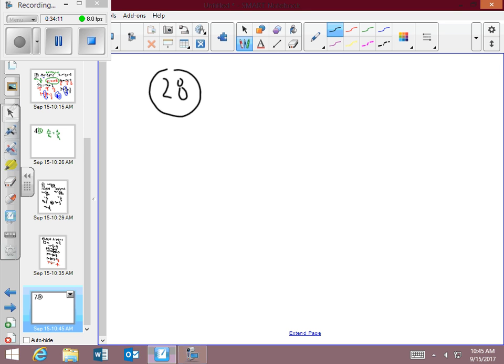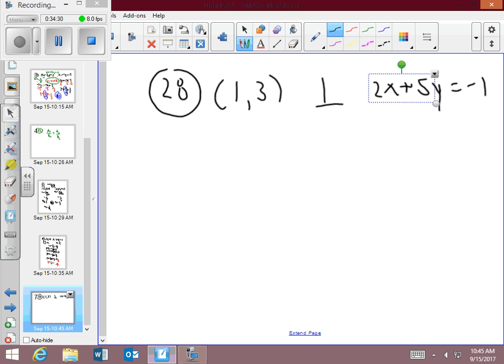It says find the equation of the line containing the point 1, 3, perpendicular to 2x plus 5y equals negative 1.